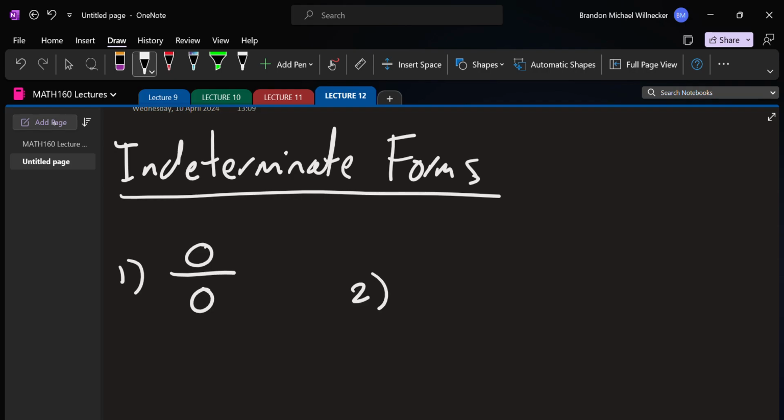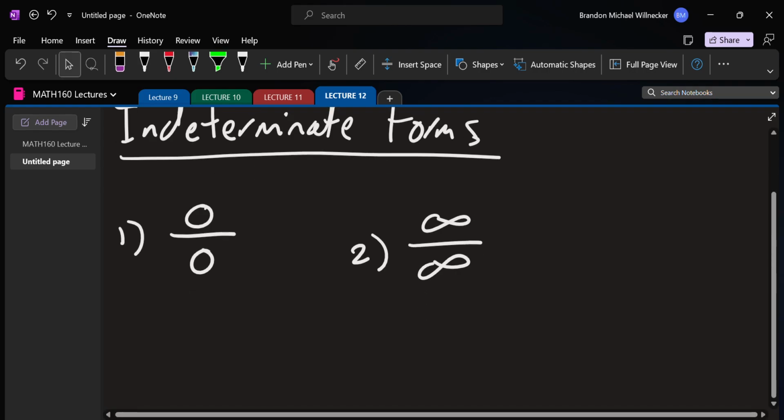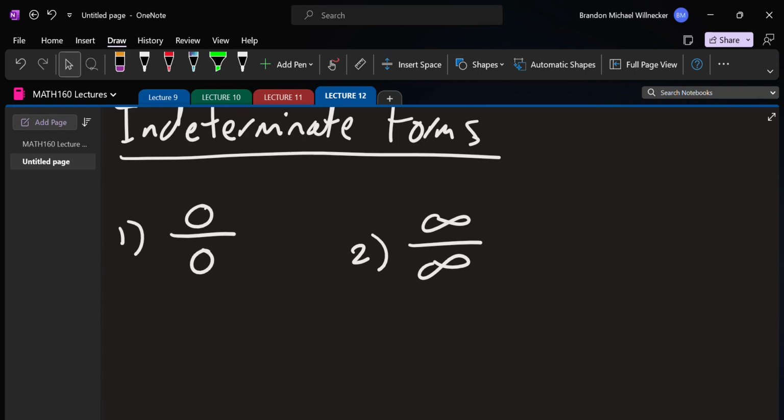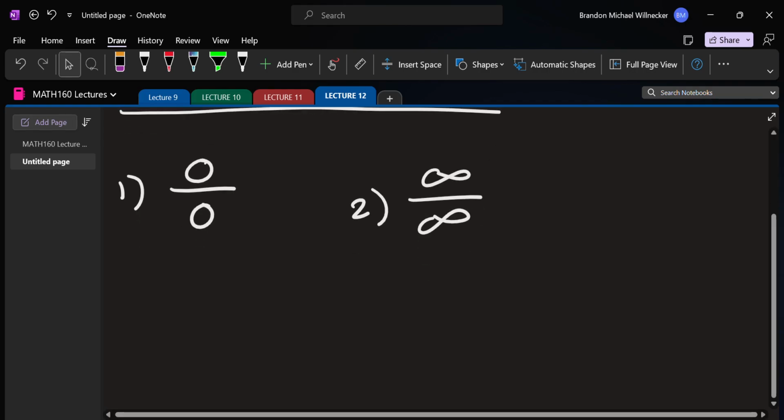Okay, number 2, we had infinity over infinity, and again, you can't just say the limit doesn't exist just because the top and the bottom are both infinity. We can use L'Hopital's rule to figure out what the value should be. Okay, and we looked at these two types, and we did a few examples on that. Today, we're going to look at the remaining types, and we've got 6 examples that cover those types.